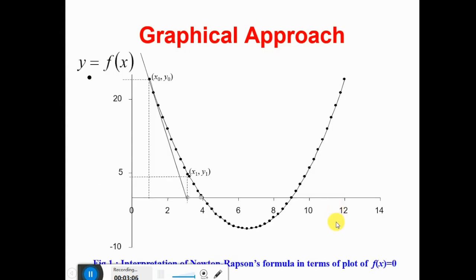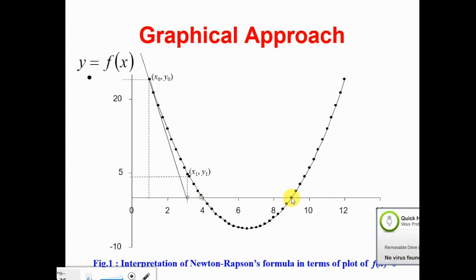Now we can plot this equation very easily using any software like Microsoft Excel or anything like that. I have done this plot in Excel, and you can clearly see that the points are plotted, and the line joining them is a continuous line, and it intersects x-axis at x equal to 4 and x equal to 9.